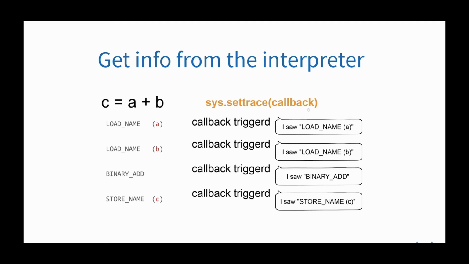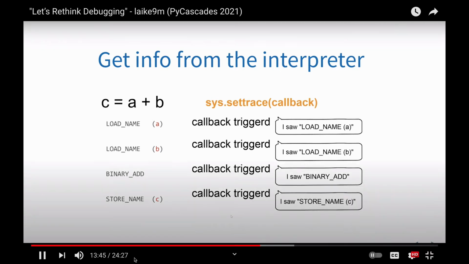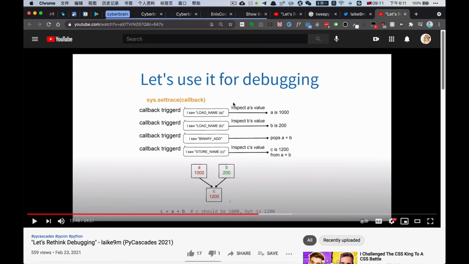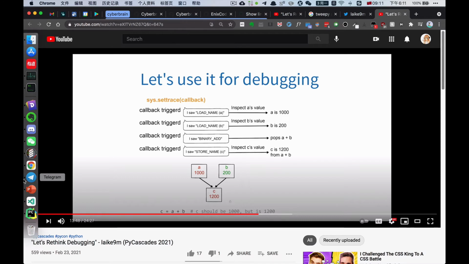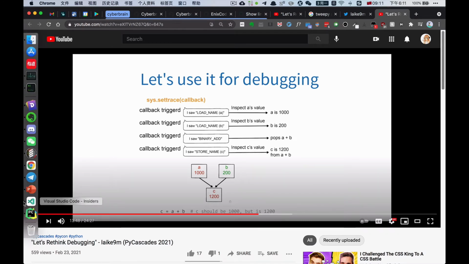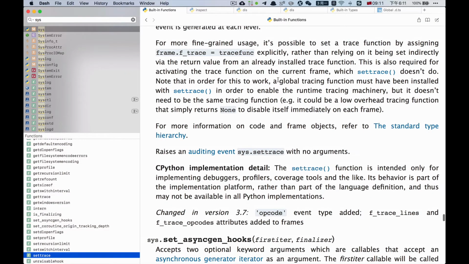So from the callback's perspective, it sees that LOAD_NAME a is called, LOAD_NAME b is called, BINARY_ADD is called, and STORE_NAME c is called. Okay, so that's basically it.